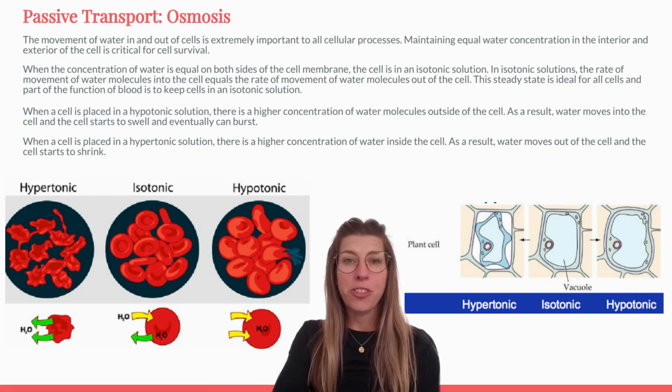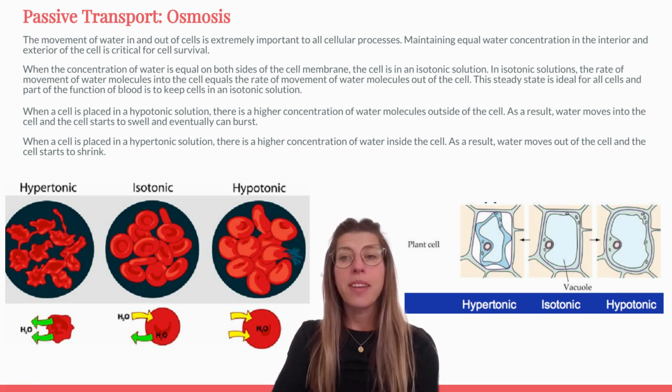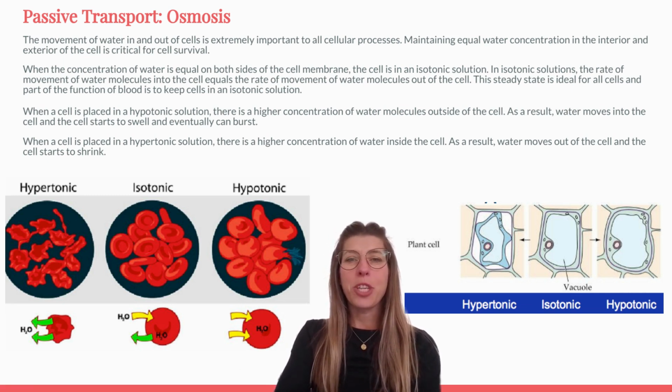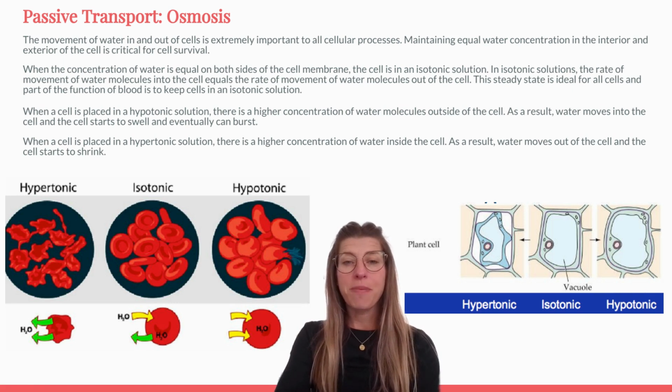Now, relating this back to the body, the movement of water in and out of cells is very important to all cellular processes. Maintaining equal water concentration in the interior and exterior of the cells is very critical for cell survival. I have examples down below of an animal cell, red blood cells, as well as a plant cell. Let's use the term isotonic, which is in the middle of both images.